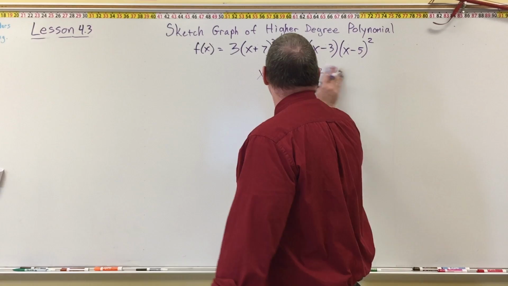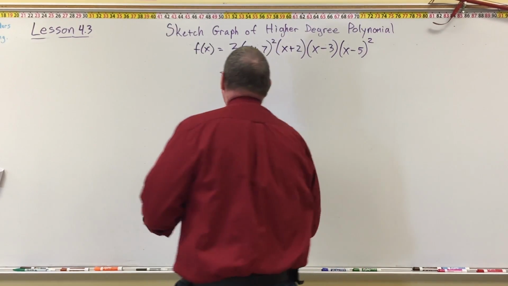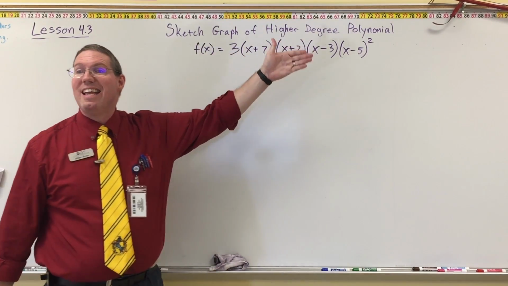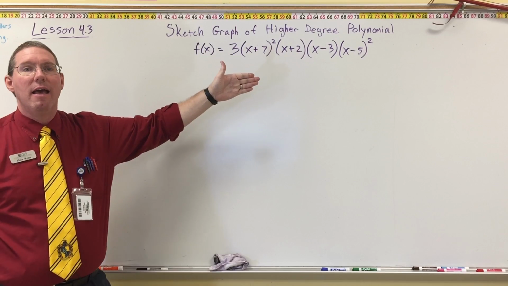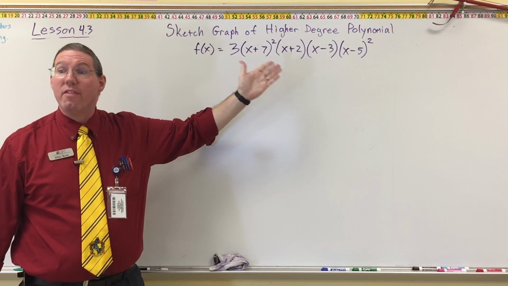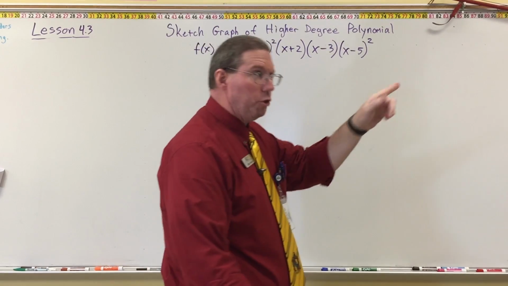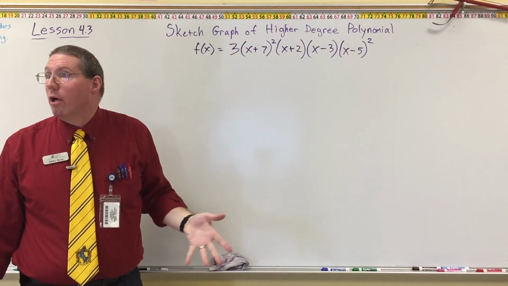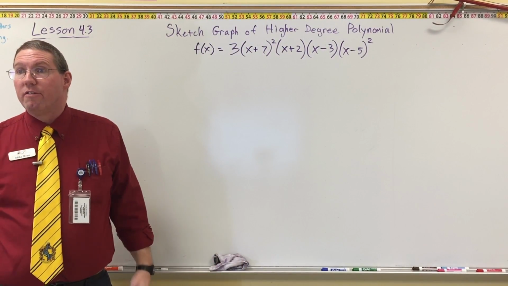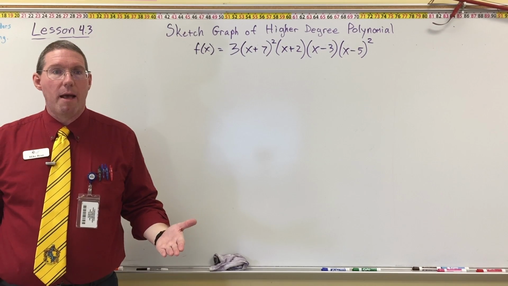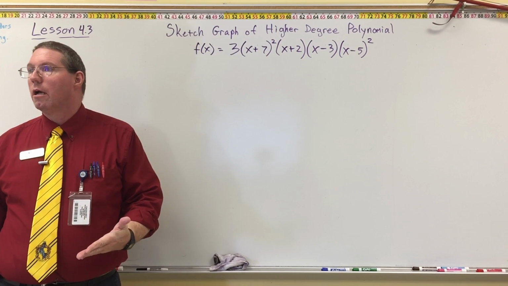Okay, but if we write it in factored form like this, we can easily identify the roots, the zeros, the x-intercepts, which we need in order to sketch the graph, right? Didn't we need the x-intercept to sketch the graph of a line?